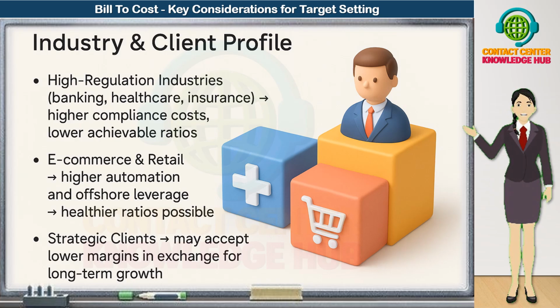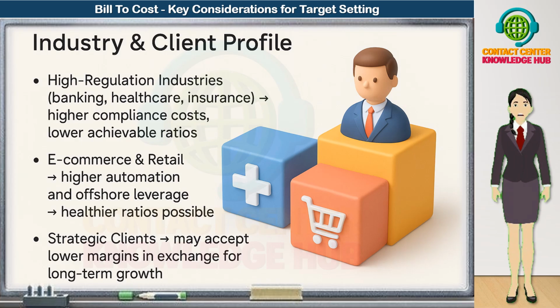Additionally, for strategic or long-term clients, vendors may deliberately operate at lower margins, especially when the account supports future expansion, cross-sale opportunities, or market reputation benefits. Key insight: the industry context and client relationship maturity directly shape margin expectations. Target setting must reflect compliance demand, automation potential, and strategic value, not just cost and capacity inputs.